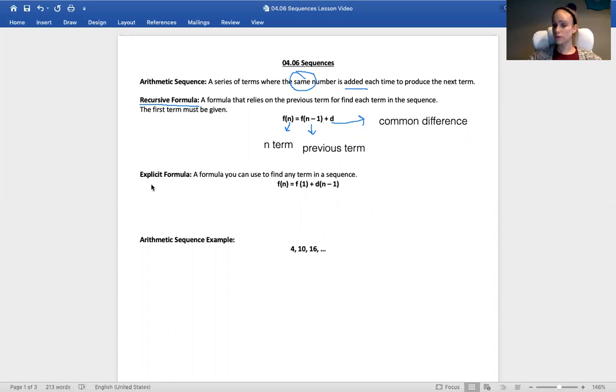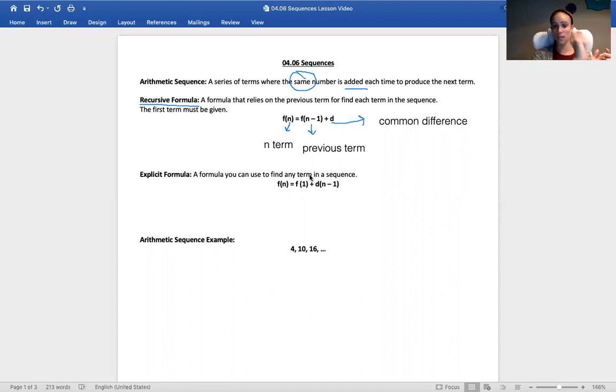All right, another type of formula is the explicit formula. And this is the one that in class we used more often because it allows us to find any term in the sequence. So I can find the 10th term, the 20th term, the 100th term in a sequence, and I can do so with ease. Where if I used the recursive formula, you need to know all the previous terms.